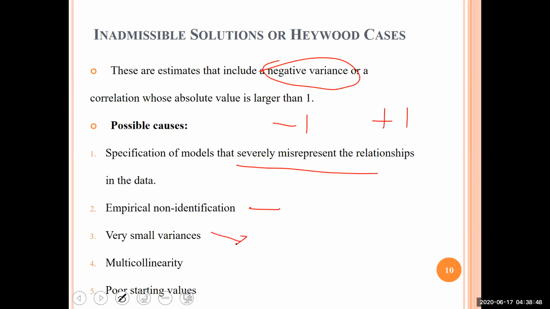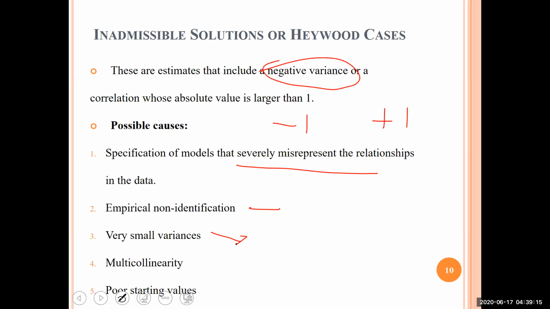Very small variances, like your data has numbers like 0.001, 0.002, and the variance of these numbers is also very small. Well, the solution for that is just to scale your data. If you multiply your data by 10, the variance will be multiplied by 10 squared. And that will solve this problem.